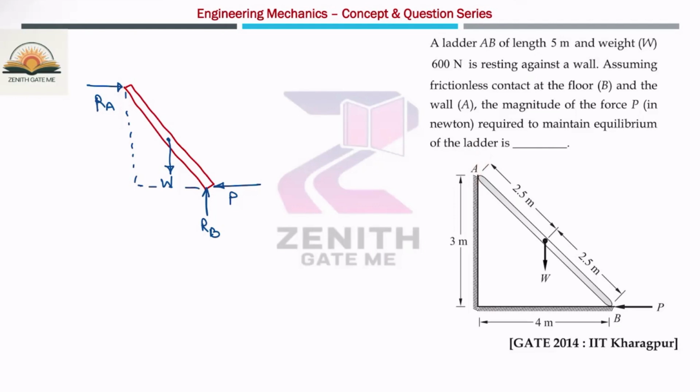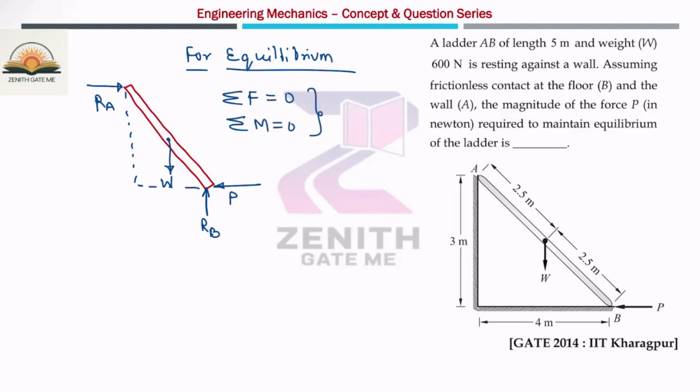Now what you will do? For equilibrium, you know the equations: summation of force in x direction is 0, summation of force in y direction is 0, and the moment about any point will be 0. So I'm going to use those equations. So for equilibrium, summation of force is equal to 0 and the summation of moment is equal to 0. Okay.